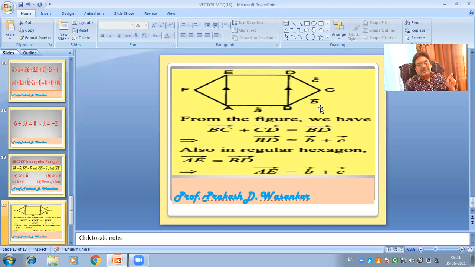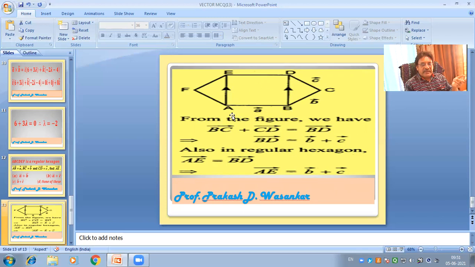Here vector BC is vector B, and vector CD is vector C. So we write vector B plus vector C equals vector BD. But again from this figure, vector BD equals vector AE by the definition of equality of two vectors: two vectors having equal magnitude and the same direction.